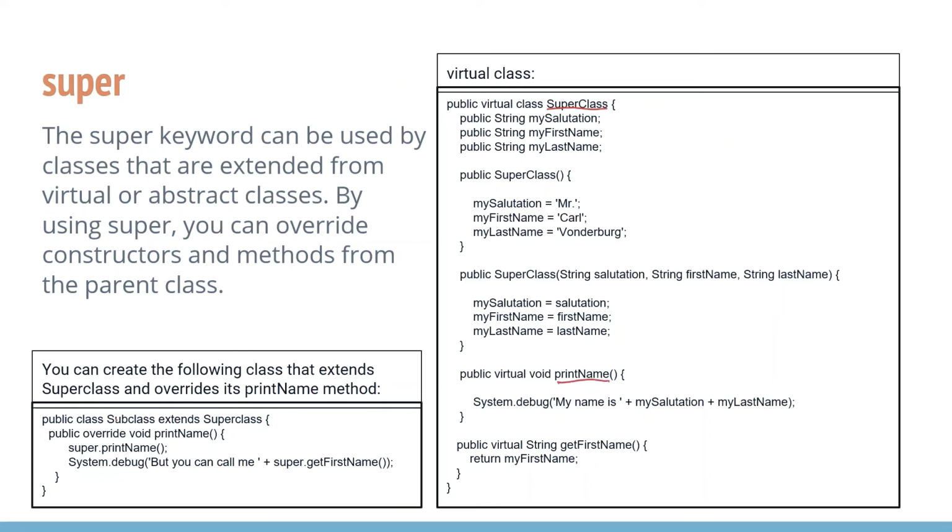Now this particular class is a subclass. This subclass is also using the same method. So this method is used by this subclass, and this subclass is extending the superclass. And we have used public override void printName, so it will override the printName with super.printName. Now when you want that functionality to run from the subclass, it will have different logic.